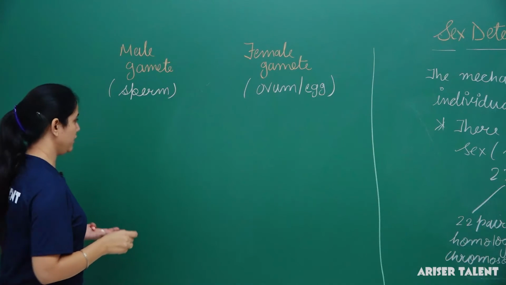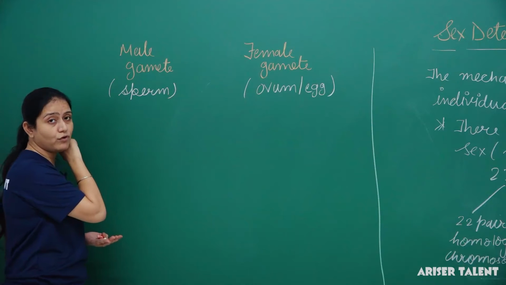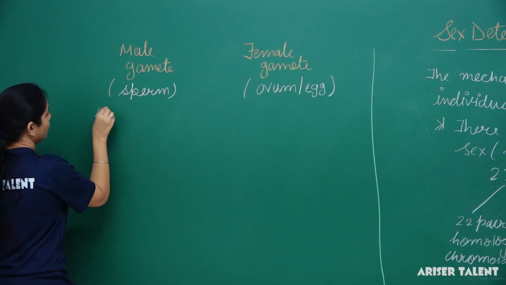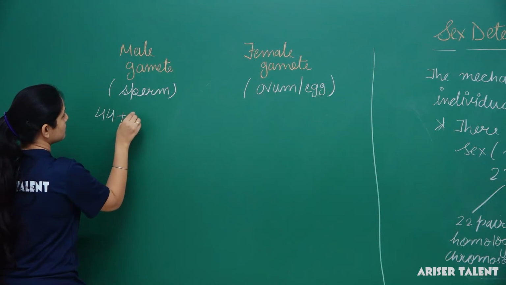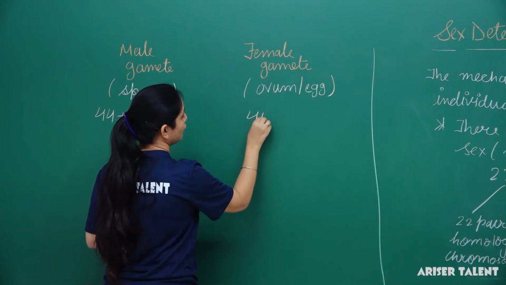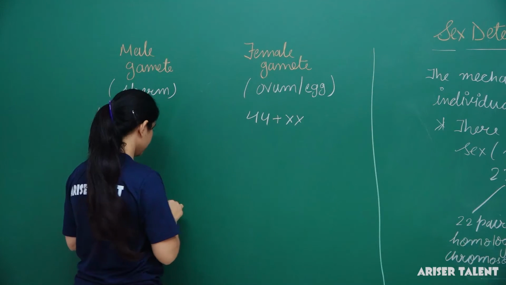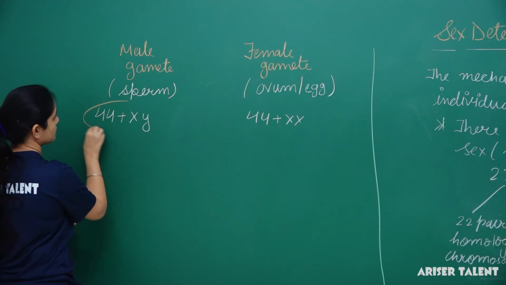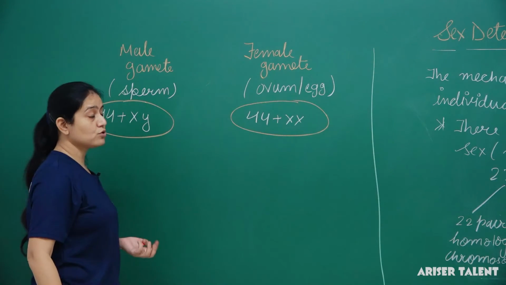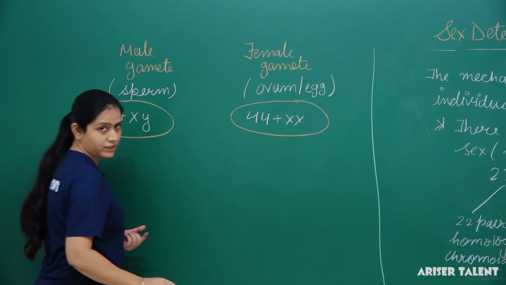In total, 46 chromosomes are present: 44 plus XY in the male and 44 plus XX in the female. So how is the sex determined when they get fused with each other?